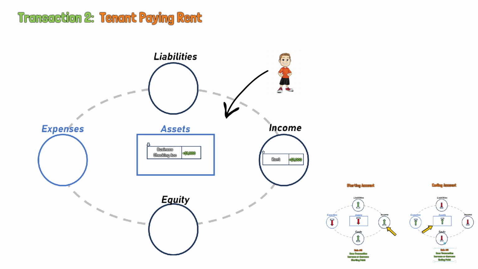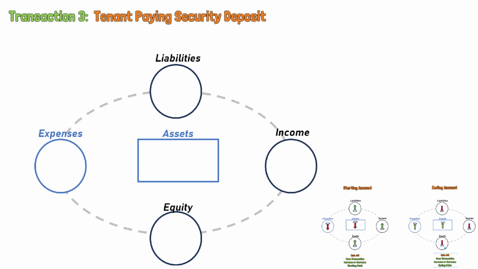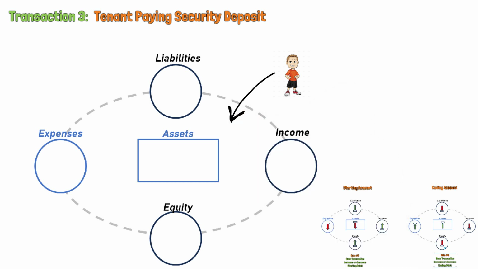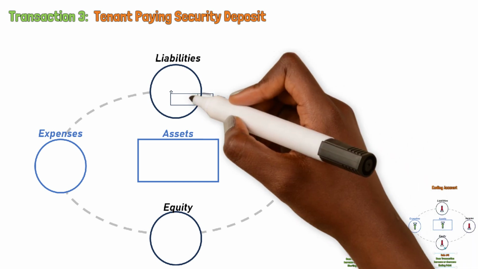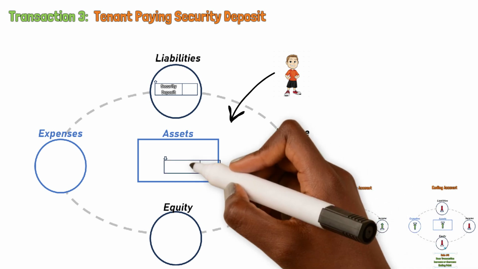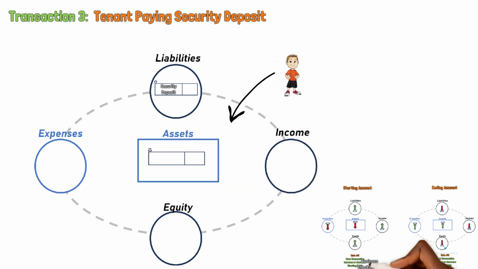The third transaction we consider is the tenant paying security deposit. Again, this money is flowing from the outside through the liability checkpoint into the business checking account. So, our starting point is the security deposit account in the liability category, and our end point is the business checking account in the assets category.